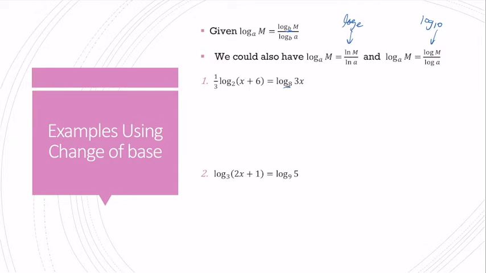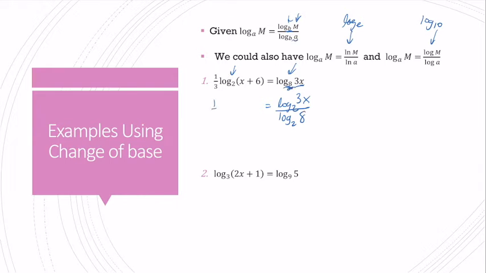I think it'd be easiest to get 8 in some sort of log base 2 form because I know that 8 is 2 cubed. So I'm going to rewrite this right-hand side as log base 2 of 3x, that's my m, my b is 2, over log base 2 of a, which in this case was 8.